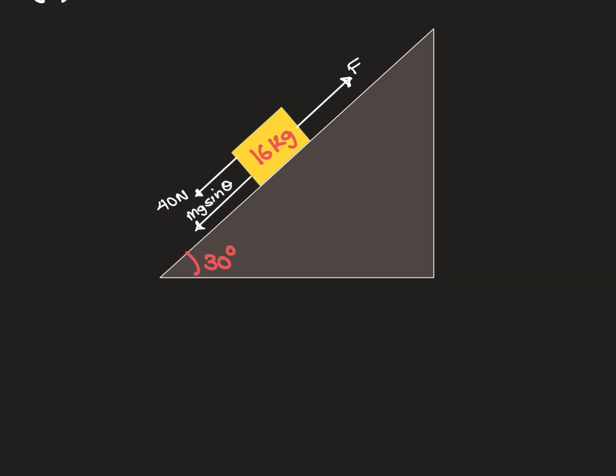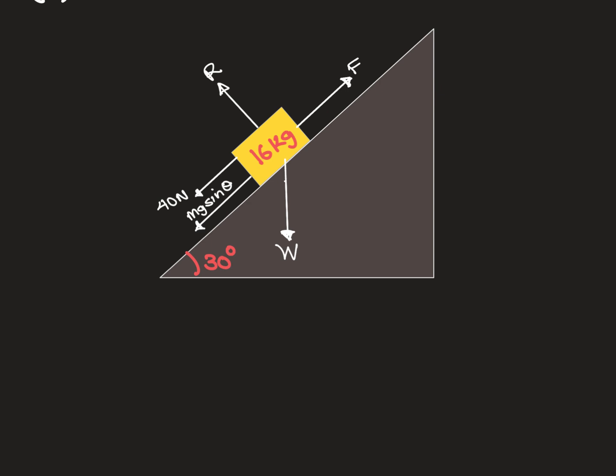We can complete the diagram by indicating the normal reaction R, and the weight coming vertically downwards. If this body is to accelerate down the plane, then the forces acting down the plane must be greater than the opposing force, which is the frictional force. So there will be a net force.